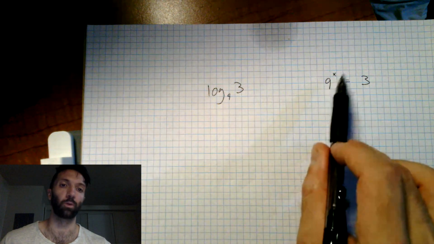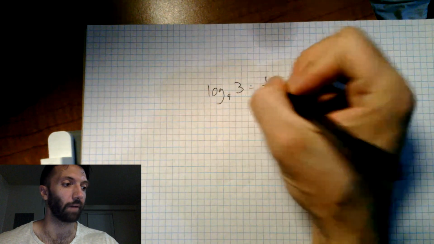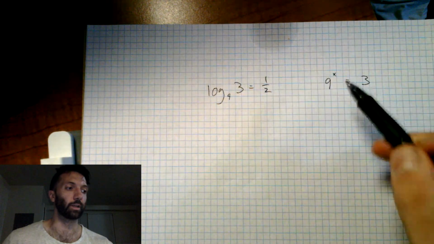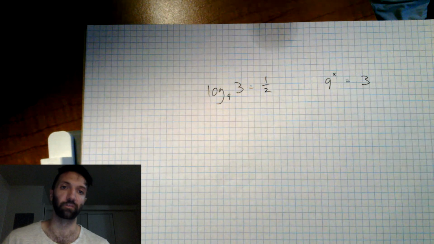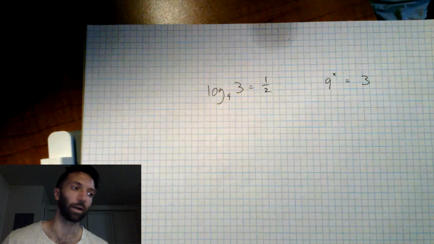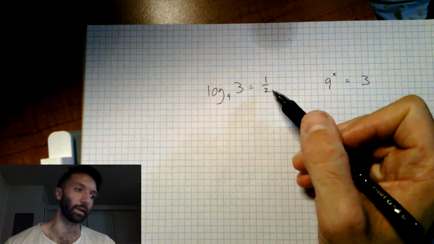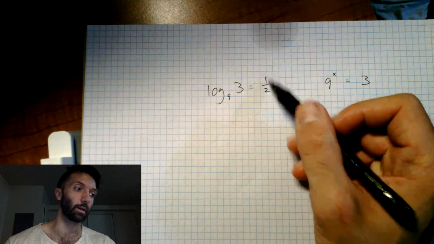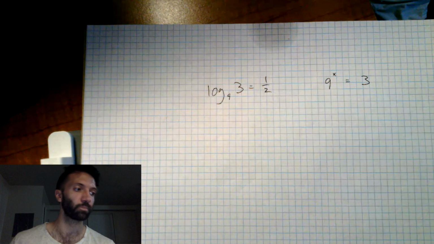So the exponent you would have to raise 9 to get 3 would be 1/2, because raising 9 to the 1/2 is the same as taking the square root of 9. Just like exponents can be negative, so logs can be negative, and exponents can be fractions, so logarithms can also be fractions.